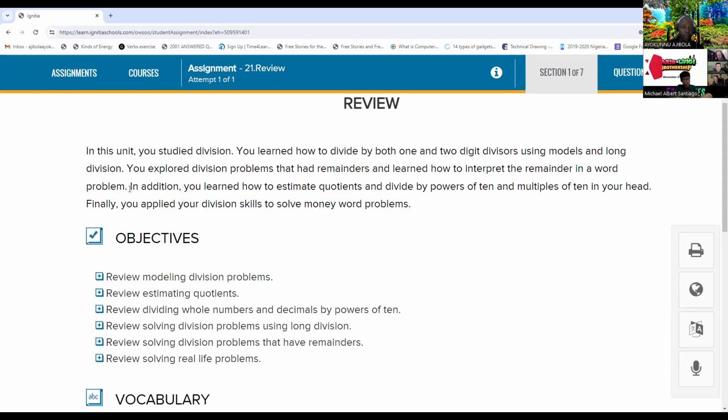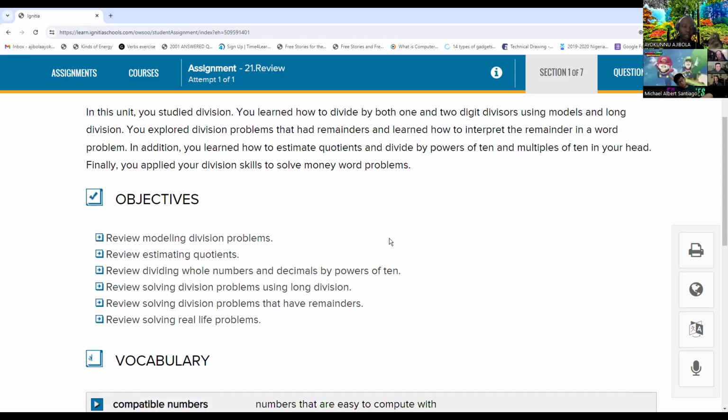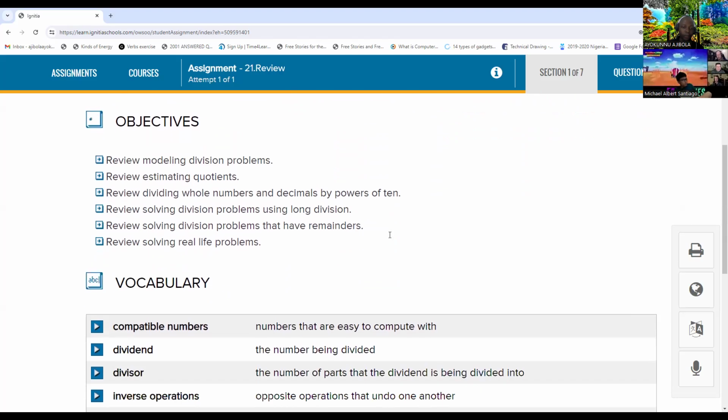In addition, you learned how to estimate quotients and divide by powers of 10 and multiples of 10 in your head. Finally, you applied your division skills to solve money word problems. I remember we did that during the last class.